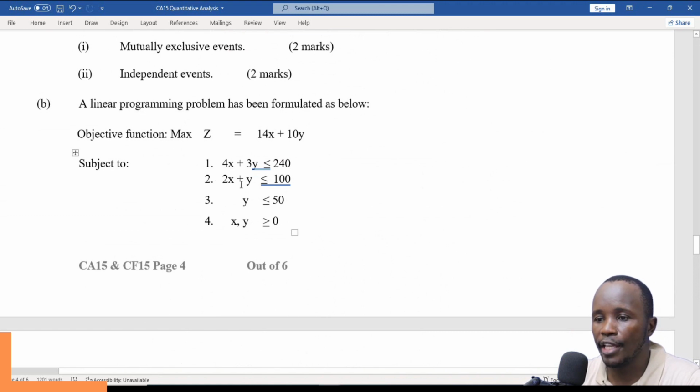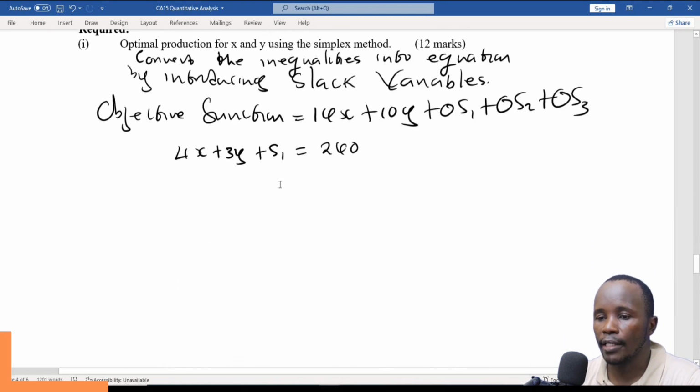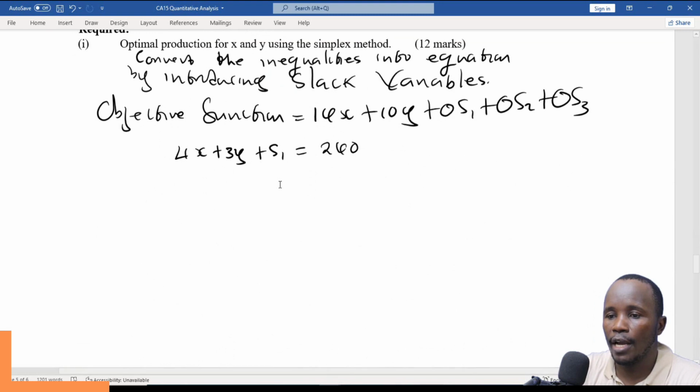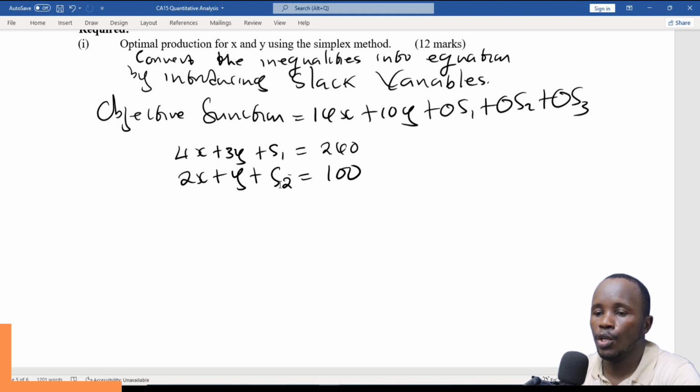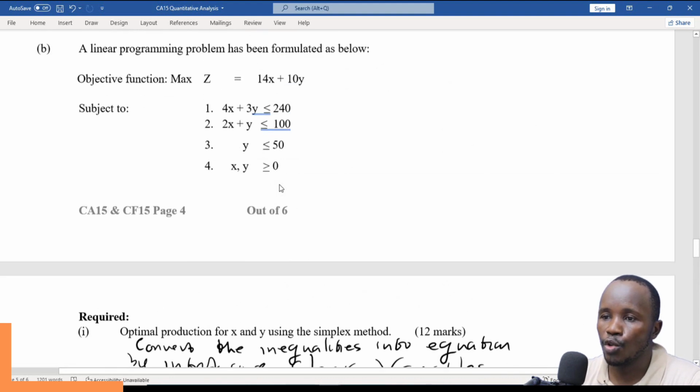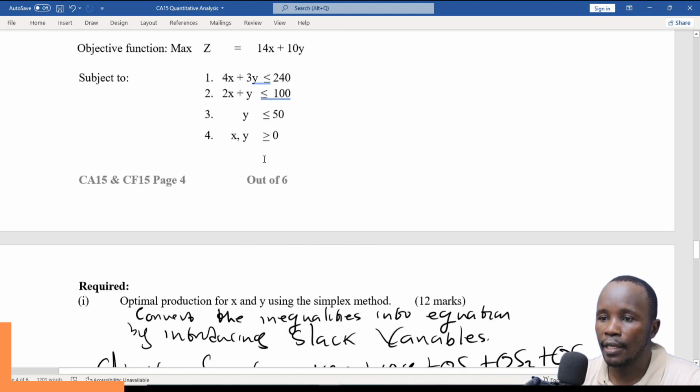Here we have 2x plus y plus s2, in fact here we don't have to introduce those zero terms, let's just call this one s2. 2x plus y plus s2 is going to give us 100.